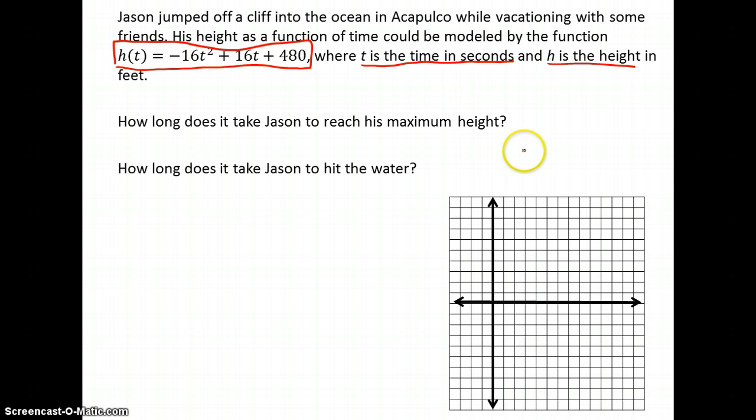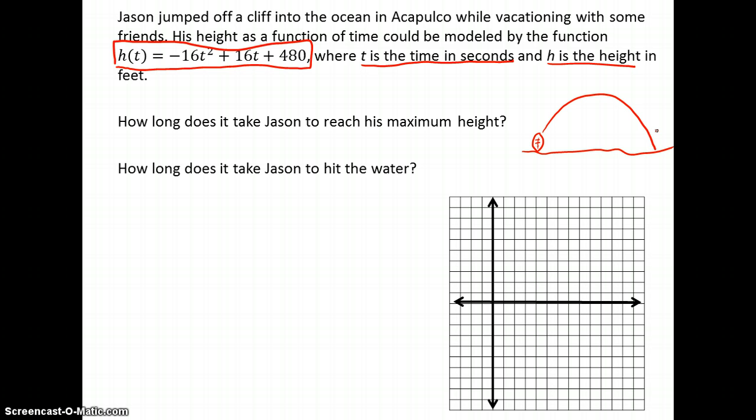If I have some grass over here and I kick a football, think about a kickoff in an NFL game, it follows this parabola type shape. So different things affect the equation we use to model it. Maybe the height.